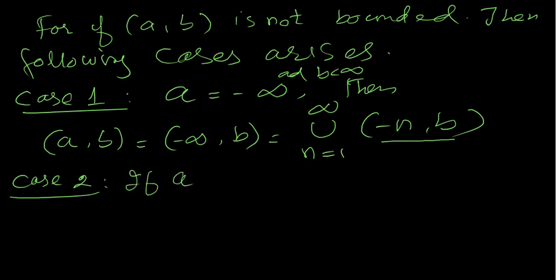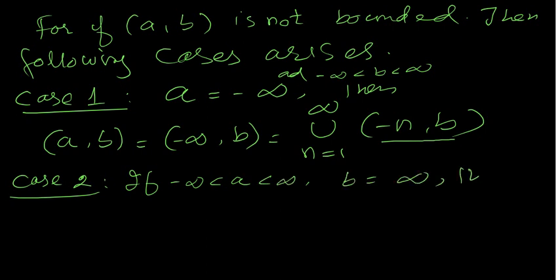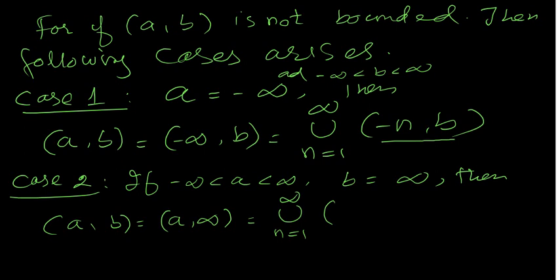Suppose a is finite. Case second: if minus infinity is less than a, less than infinity, and b is equal to infinity, then in that case I can write this (a, b) as a to infinity, which can be written as the union, n runs from 1 to infinity, of (a, a+n).